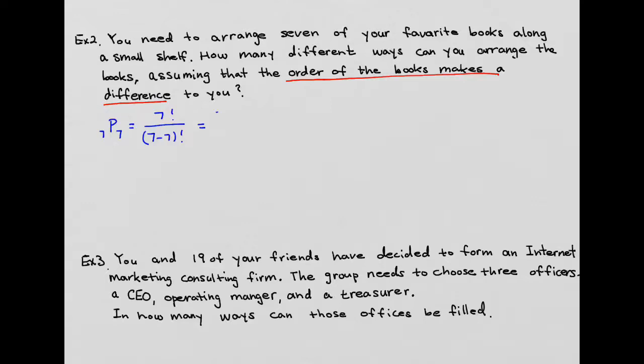This gives you 7 factorial over 0 factorial. We know that 0 factorial is 1. So this gives you 7 factorial, which is 5,040 different ways. So this is using the formula.